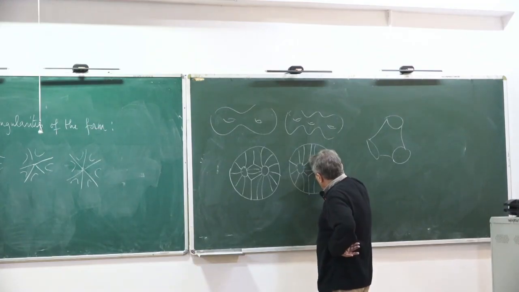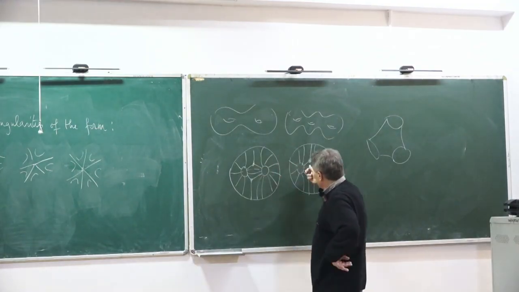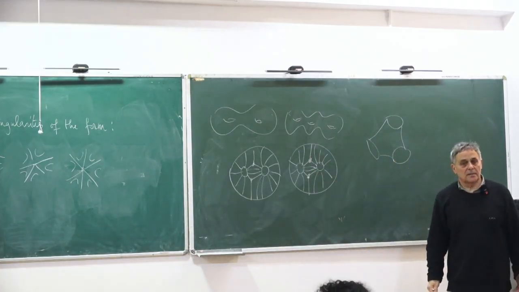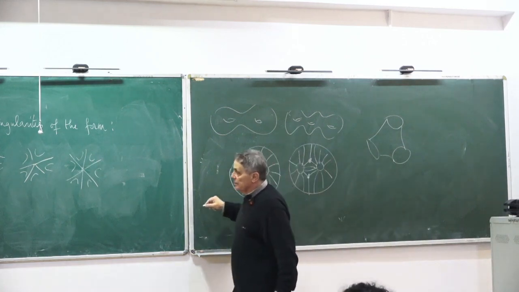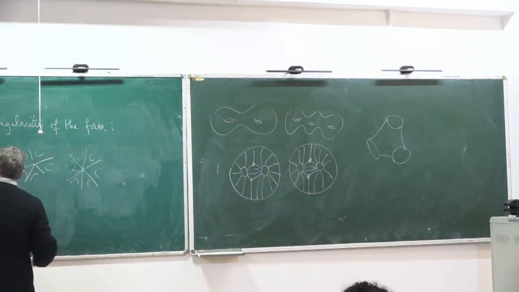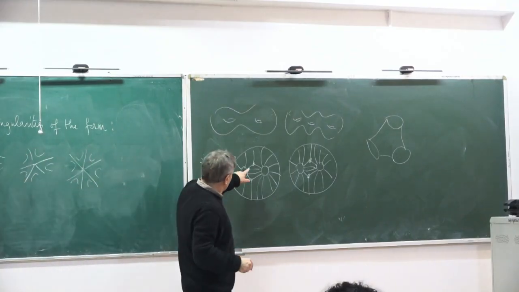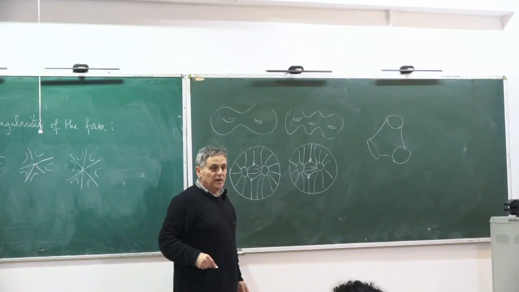It has the allowed type of singularities here and here. And then I glue boundary on boundary. So what type of singularity? This is a singularity. It's of this type. It's of this type. 1, 2, 2 singularities. Okay?